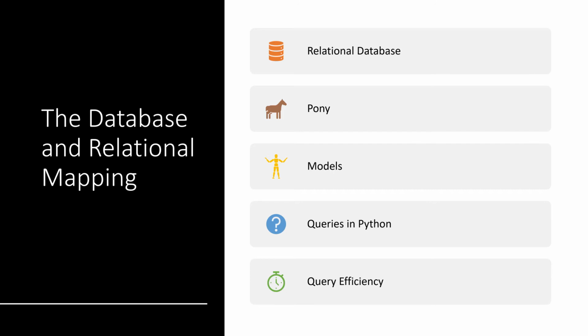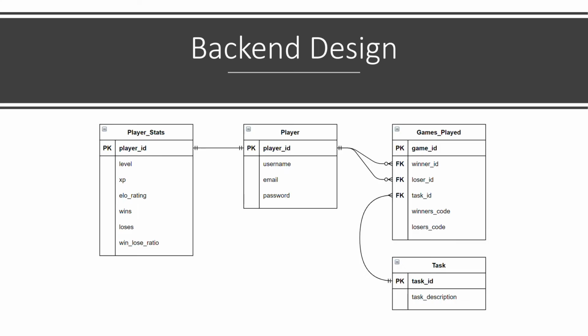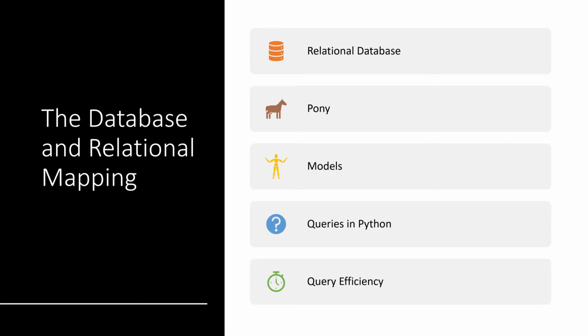So we have a relational database that uses Pony, as I was saying, to have models in the web layer that tie directly to the entities in the database. If I go back for a second, the player entity in the database has a player model in the web layer. The reason for doing this was to make queries more efficient, and so I could write the queries in Python as well.